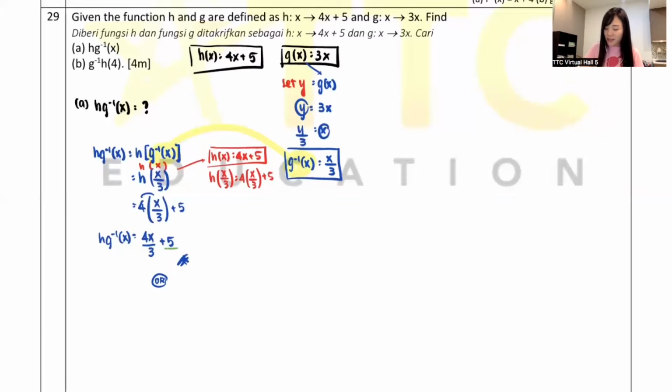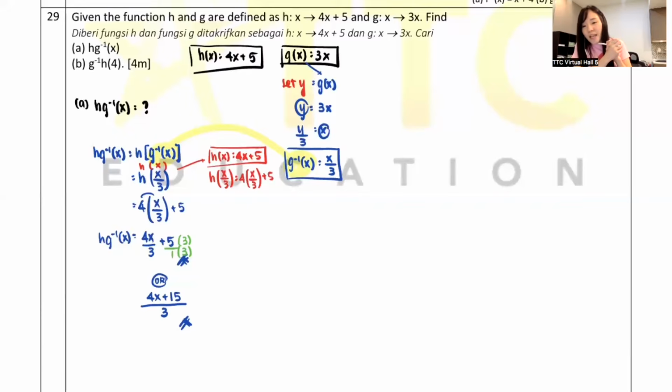So this 5 is over 1. How to suddenly have a 3? You times 3. Bottom times 3, top also times 3. Like that, only then is it balanced. So everyone over 3. So 4x, 3 times 5 is 15. Both answers are acceptable, the top one or the bottom one. But of course, you can just stop at the top one, either one.